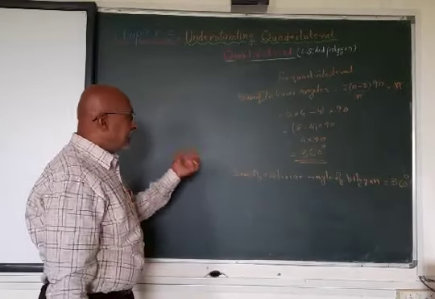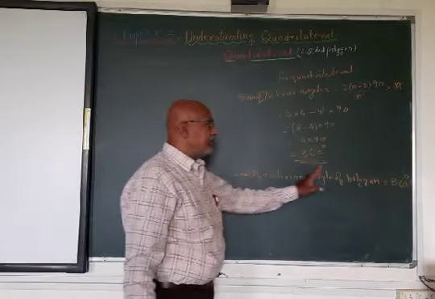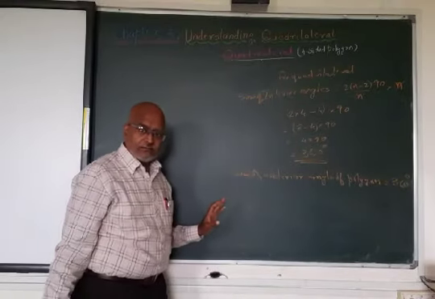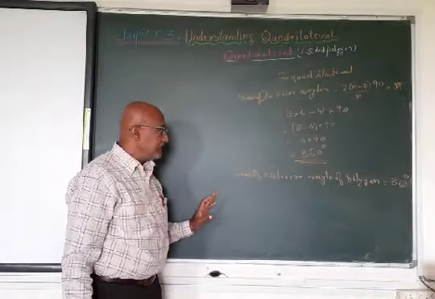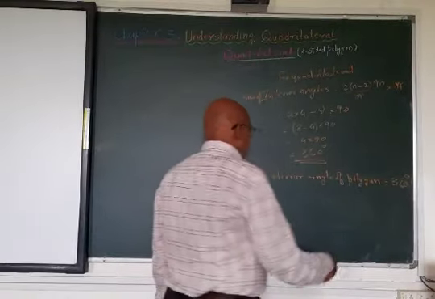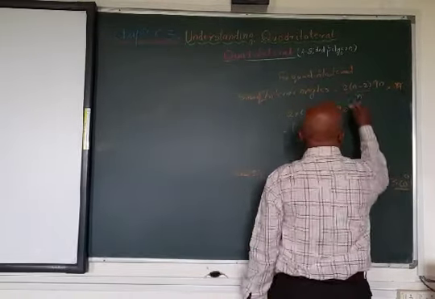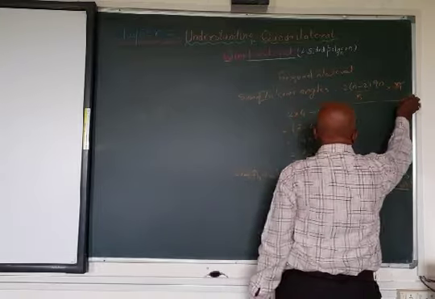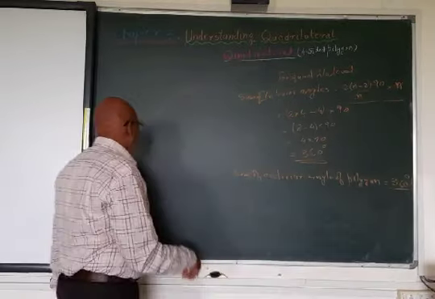So when you want each exterior angle, you just have to divide it by n, the number of sides. You will get your answer. Got it clear? These formulas are very important.